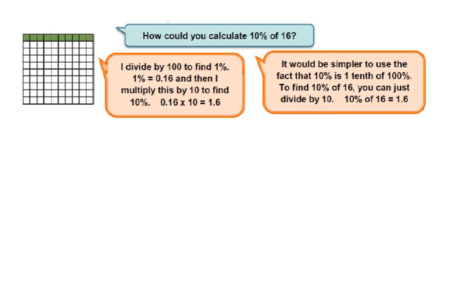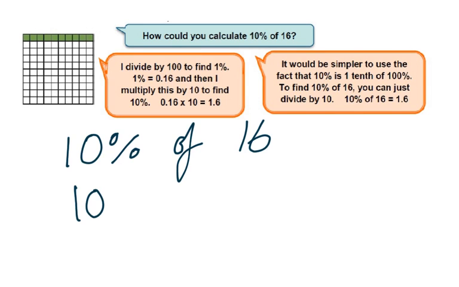What I'm actually going to do is just straight away find 10%. We can do that by the method we looked at yesterday. To find 10%, if you remember, so we're finding 10% of 16, or 10% times 16. Remember, they're the same thing.